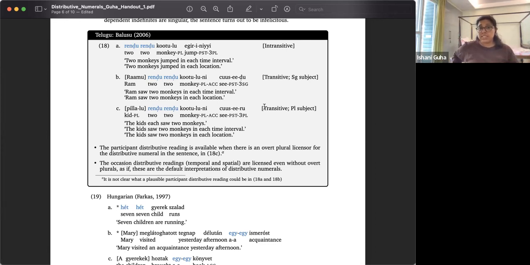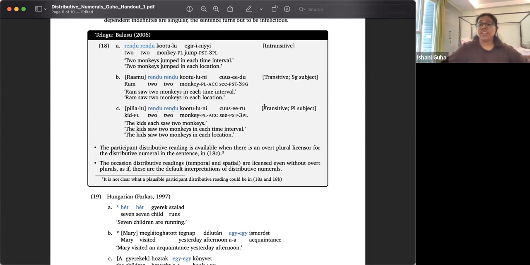C, transitive sentence, plural subject. So, the kids, two monkeys saw, right? It definitely has those 2 readings of occasion distributivity. That is, in each time interval, the kids saw 2 monkeys, and in each location, the kids saw 2 monkeys, right?